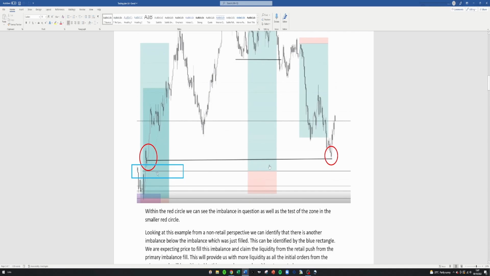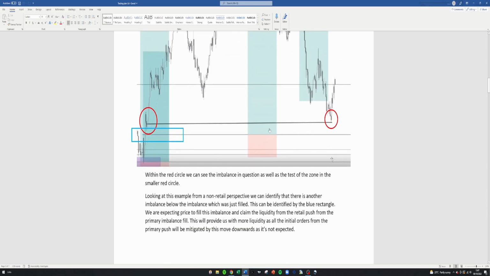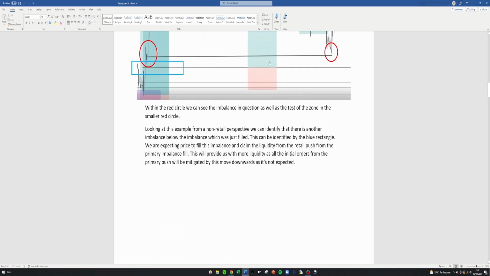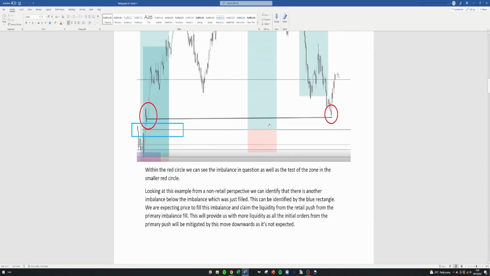But they failed to see there's another imbalance below the one they've traded from, which is holding a lot of liquidity and needs to be filled and mitigated at some point. So it's likely that price will drop, take out all these retail traders, fill this imbalance, and then trade from it.